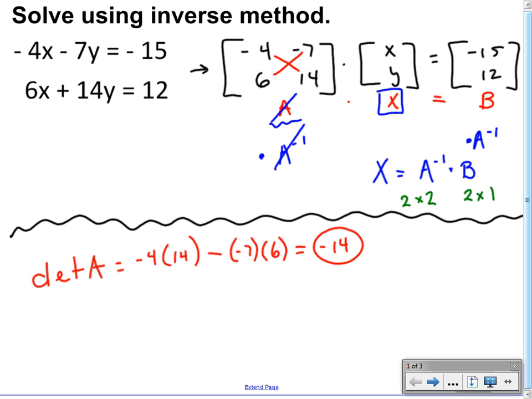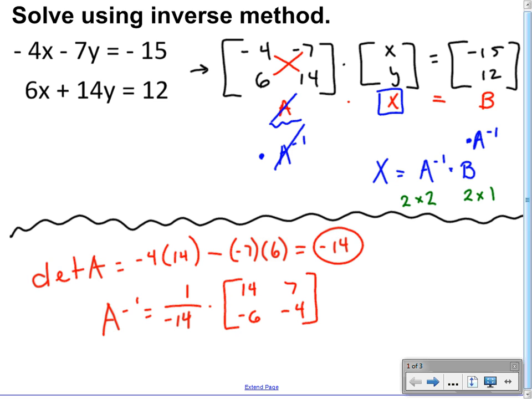We're going to use this value to find our inverse matrix now. We can find the inverse of A by doing 1 over the determinant times a variation of matrix A. We take the negative 4 and 14, and these two swap spots. The negative 7 and 6 stay where they are, but they change signs.